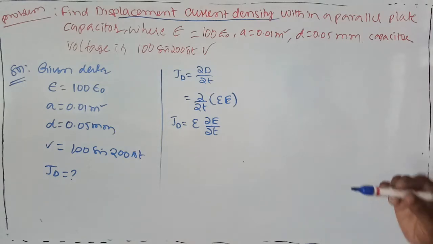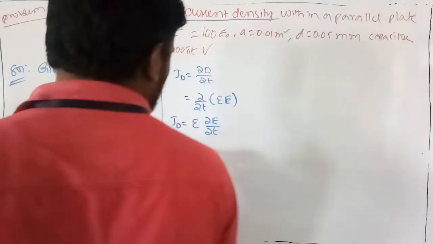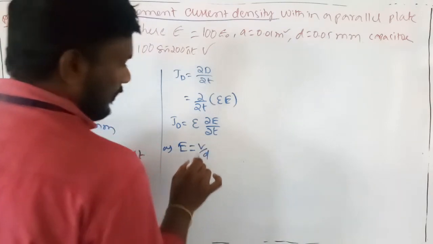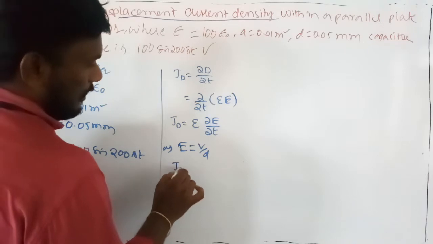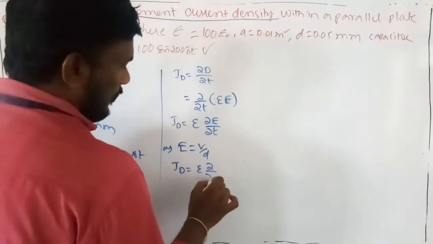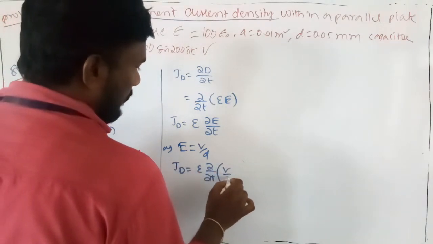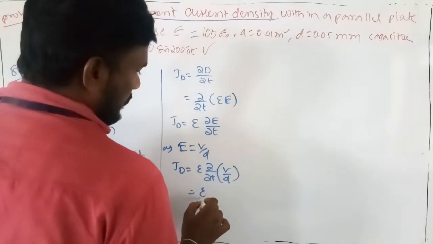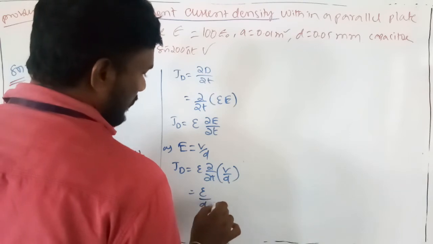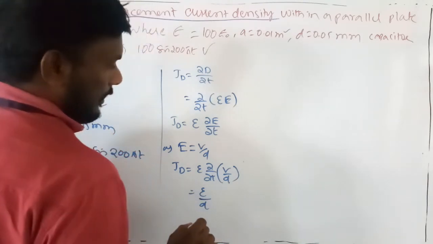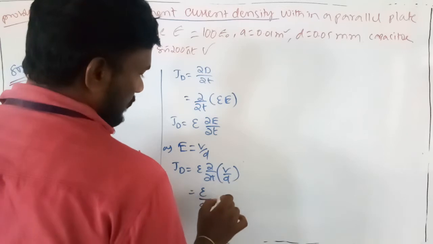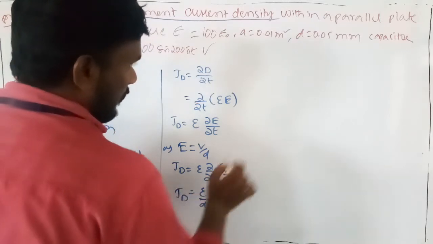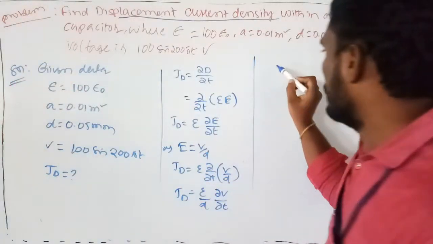As there is information about V and d, since E is equal to V by d, J_d is equal to epsilon ∂/∂t of V by d, that is epsilon by d into ∂V by ∂t. So this is the formula.